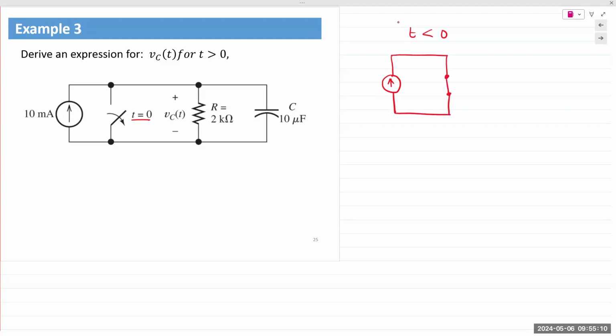So in this case, the switch is closed. If the switch is closed, the current source is passing everything through that short circuit. Now, obviously, in real life, we would never do this. We would never take the output terminals of a source and short it out.